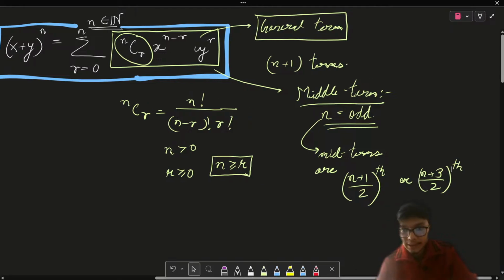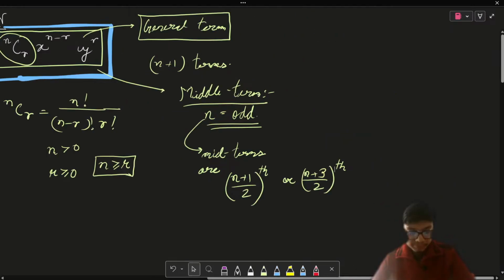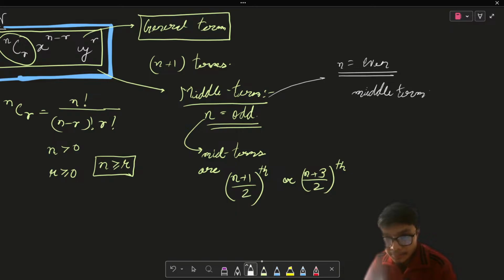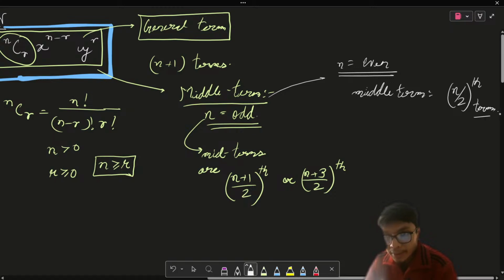And in the case when n is even, then n plus 1 is definitely going to be odd, and that will give us the middle term as only the (n by 2 plus 1)th term, that is, the one with r equal to n by 2. All right, I hope this is clear to all of you, right?